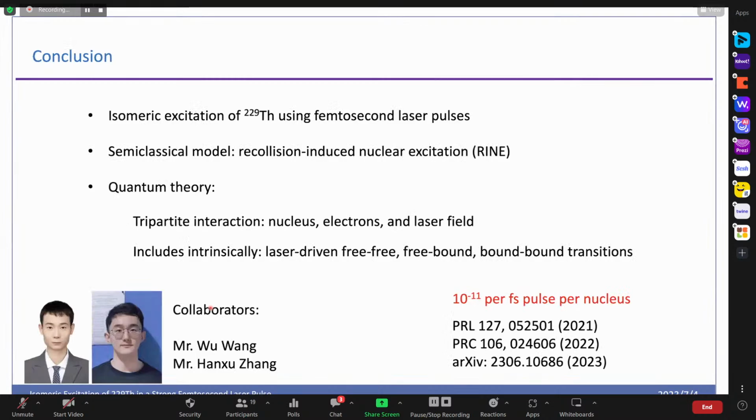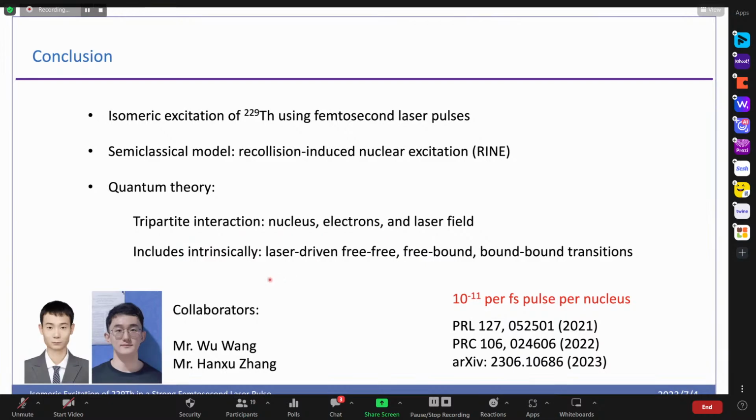So in conclusion, we have considered isomeric excitation of thorium 229 using femtosecond laser pulses. We first use a semi-classical model based on the recollision picture. And then we developed a quantum theory based on the tripartite interaction between the nucleus, the electrons, and laser field.